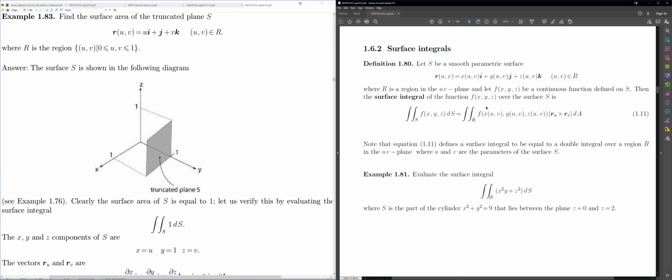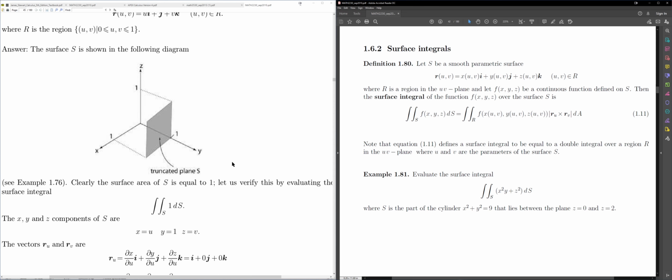If we calculate a surface integral, we need to use this formula here. This truncated plane is given to us as a parametric surface, so we're going to be using the definition of a surface integral when S is given as a parametric surface, right?